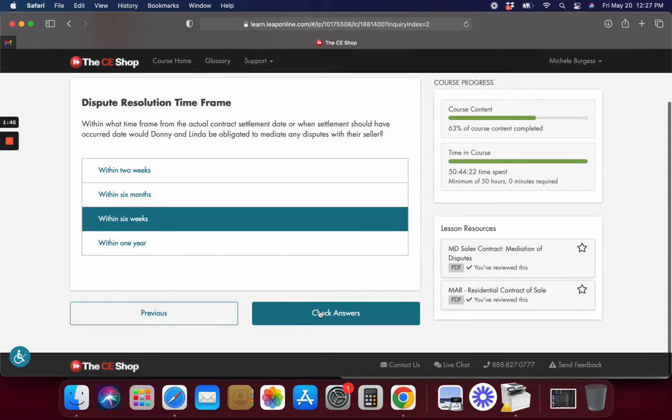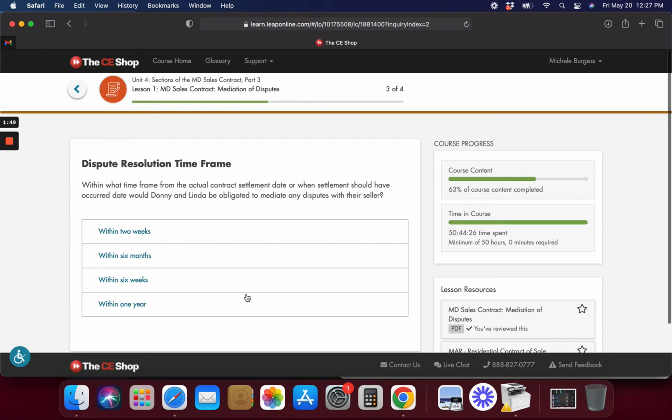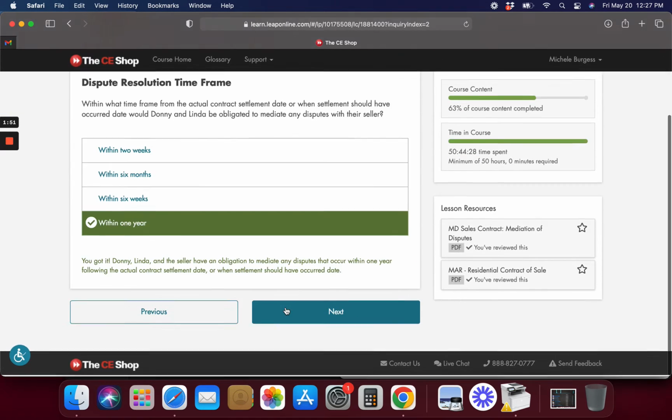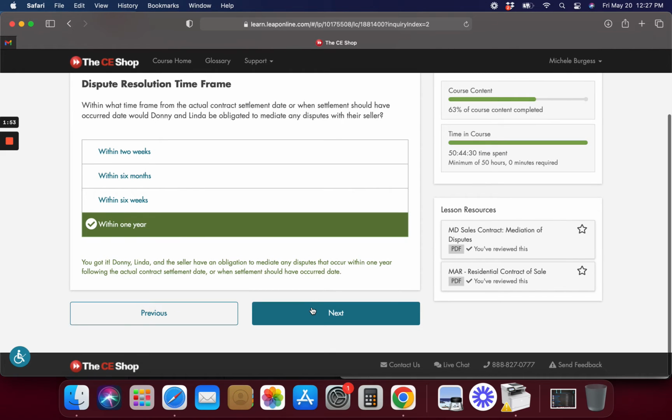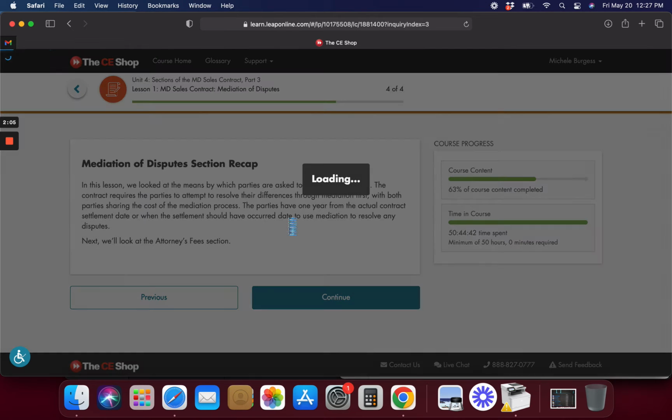Okay, that seems pretty long too. And that's not correct either, so it's got to be a year. Occur in 1 year from the actual settlement date. This must be after settlement. Yeah, actual settlement date, because otherwise, oh my gosh, that's pretty long. Long time to wait to get a house.